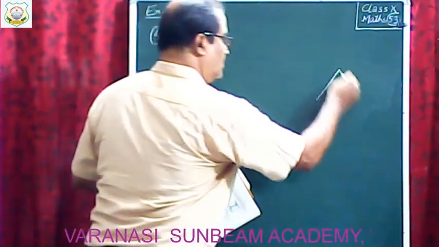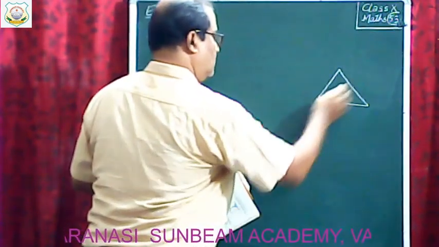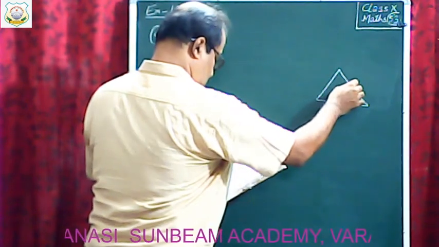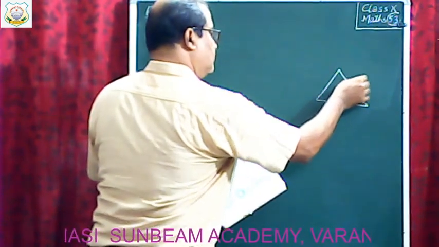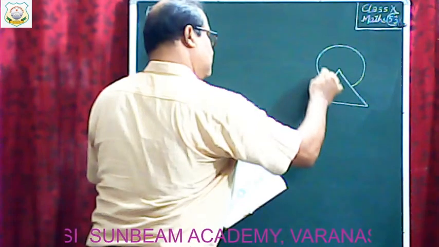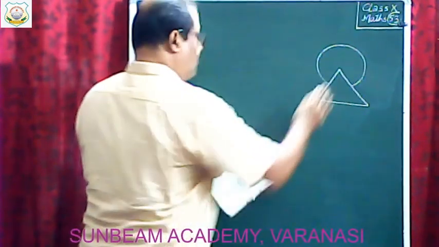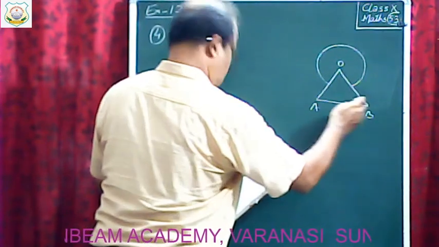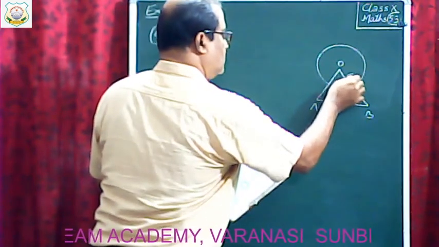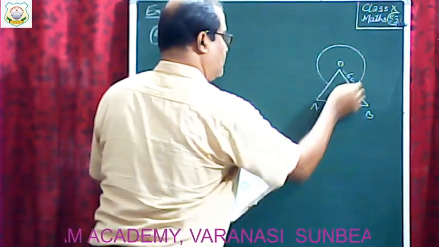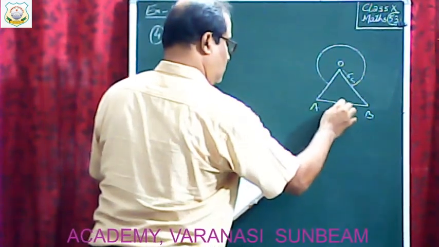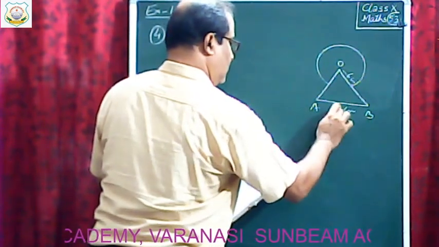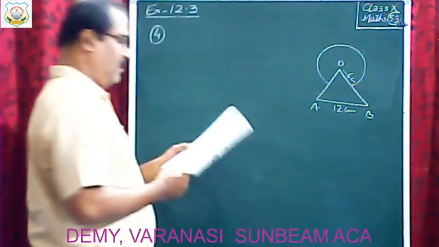You have to draw the figure first. O, A, B, 6 centimeter, 12. This figure is given. You have to draw the figure, everybody.